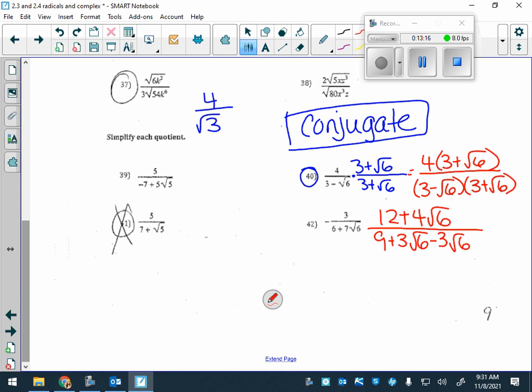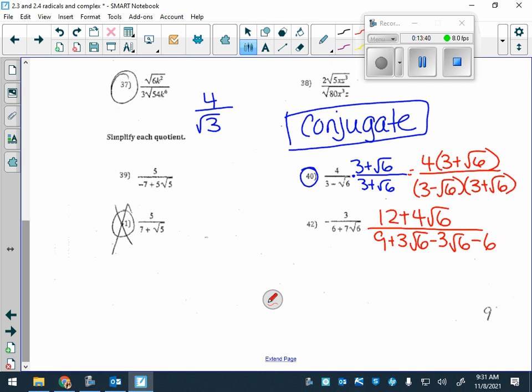Now, negative root 6 times positive root 6 is just what? Negative what? Okay. Because, excellent, when you have a radical and multiply by itself, you end up with the number inside. Okay?